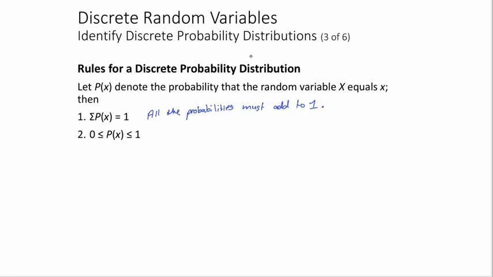And the second rule is that each probability has to be some number between 0 and 1. We cannot have a probability bigger than 1. We cannot have a probability less than 0.